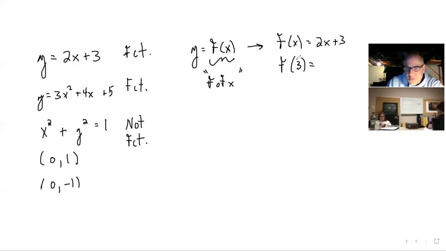Inside here is your input that goes into x, so the x coordinate is 3. To find its corresponding y value, or f of 3, I put in 3 and do the arithmetic, and I'm going to have 9 in this case. So the ordered pair solution is still (3, 9). We are just now viewing it through the lens of being a function.